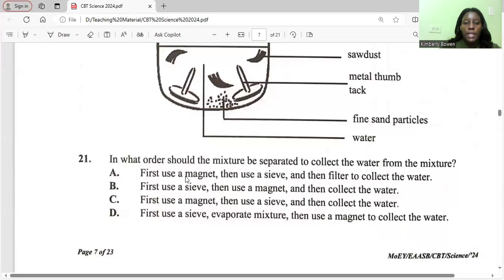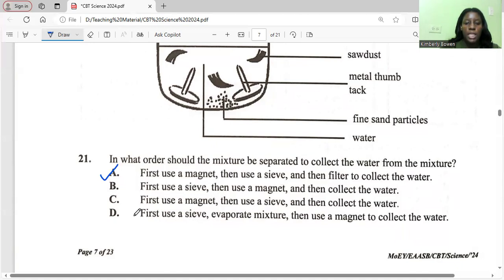First, use a magnet. So the magnet will be used to take out the thumbtacks. Then use a sieve. The sieve can take out the larger particles and then filter to collect the water. The filter will take out the fine sand particles. All right, that looks like the answer. Sieve then magnet, but what would take out the fine particles?